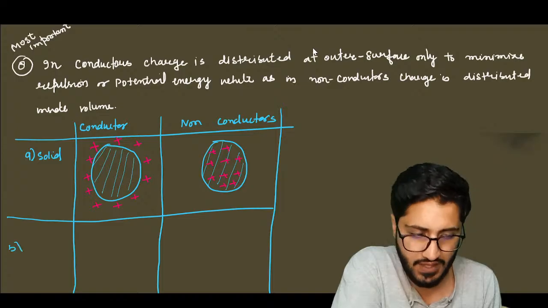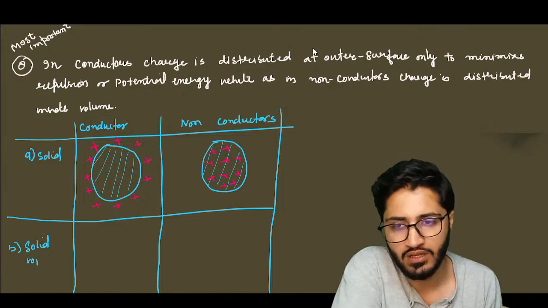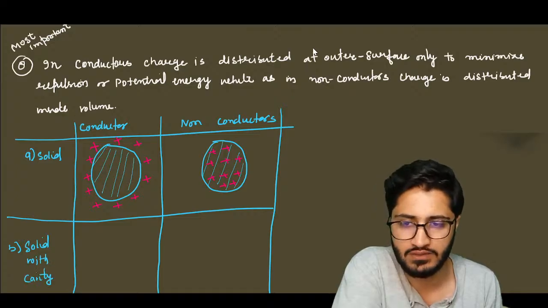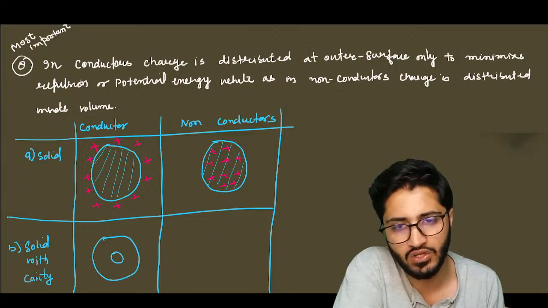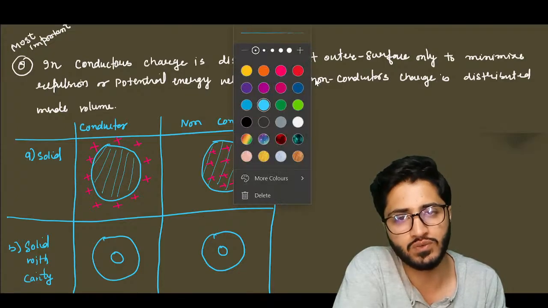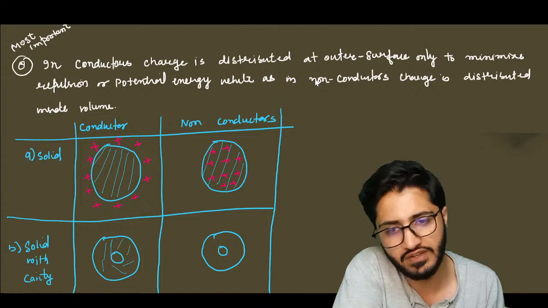Second case is if we have solid with cavity. It is like this, no? Solid with cavity. Look, the material is only present between these two rings.